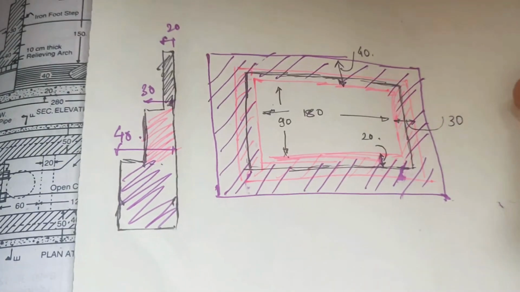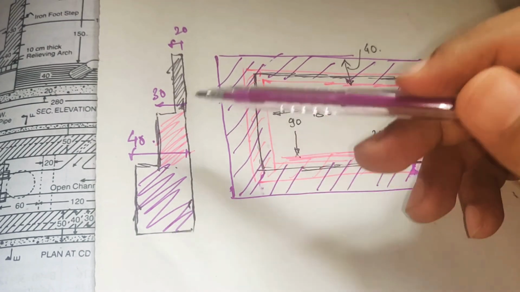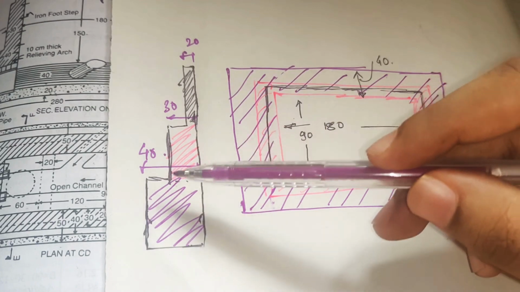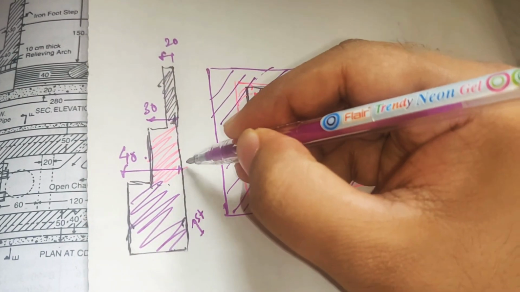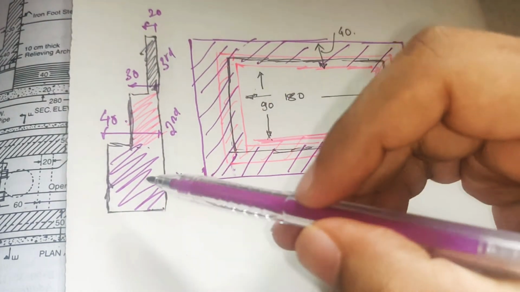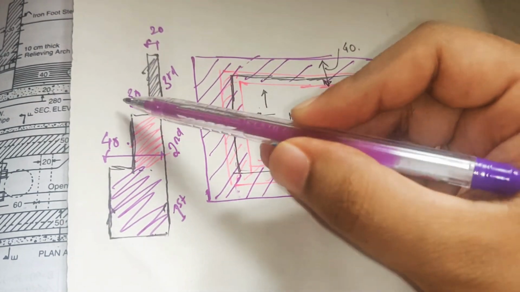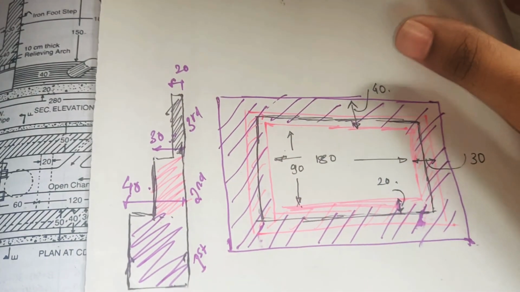Now if you see here from this figure, the component of walls are divided in 3 steps. From the bottommost part, I'll take this as first step, second and third. So purple line indicates it is 40 centimeter thick, pink line indicates it is 30 centimeter, and black line indicates it is 20 centimeter.